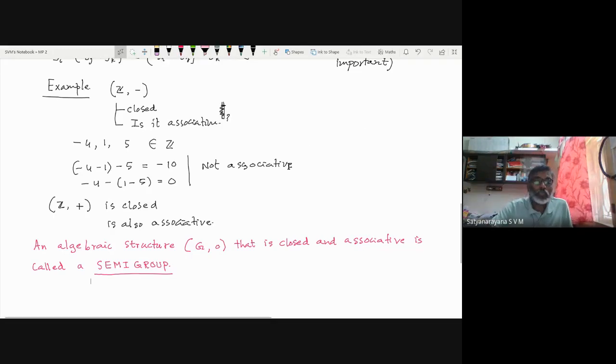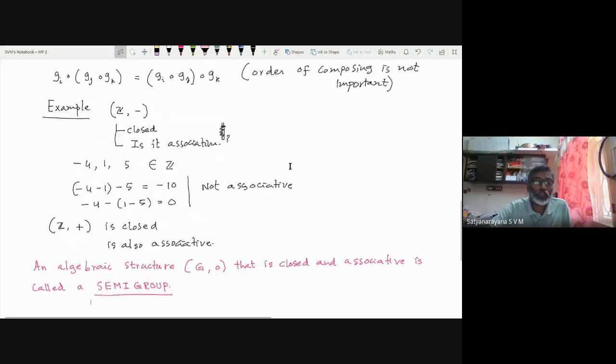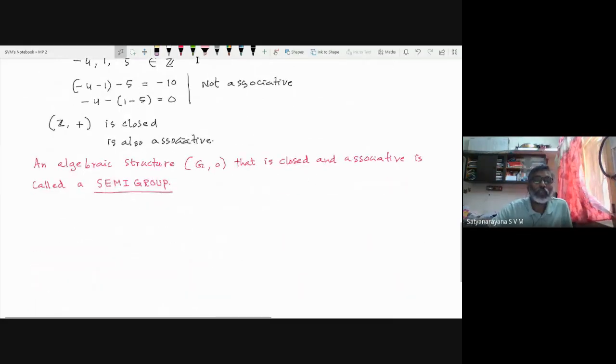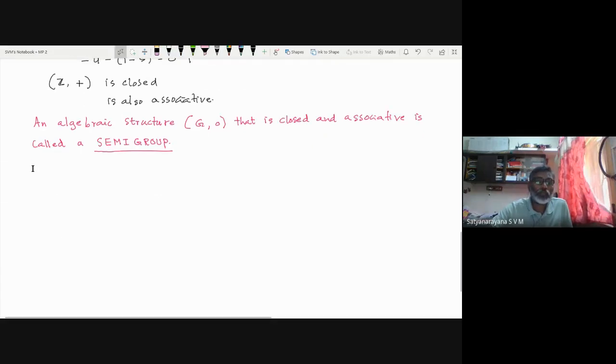Okay, so this is our second property, our second axiom, and then let's go and define other axioms.